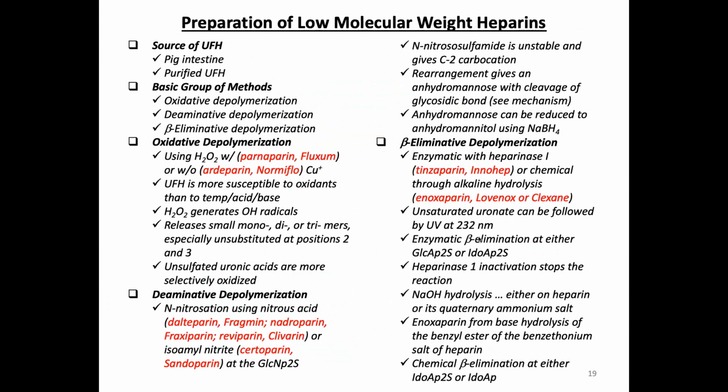Enoxaparin has captured 80 to 90% of the market. The rest are laggards following behind. Now, elimination introduces a double bond on the uronic acid side, so you get a UV chromophore.